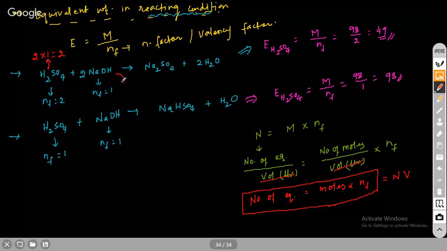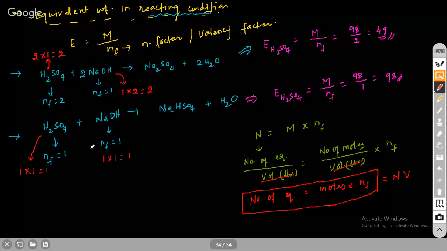Number of equivalents of NaOH, if you see, n factor is 1 and its number of moles is 2. So again you see equal equivalents are reacting. Similarly, you can find out the number of equivalents here also. N factor is 1 and its number of moles is also 1. So 1. So equal equivalents are reacting.